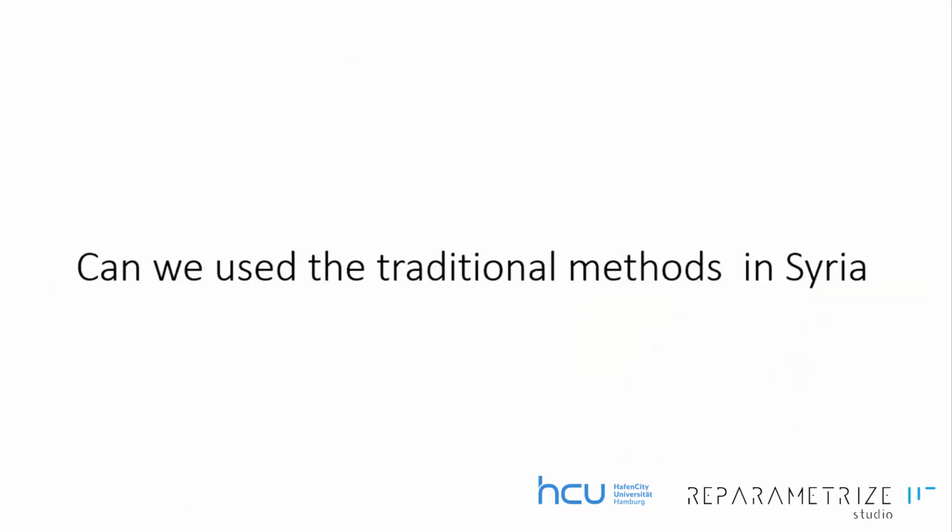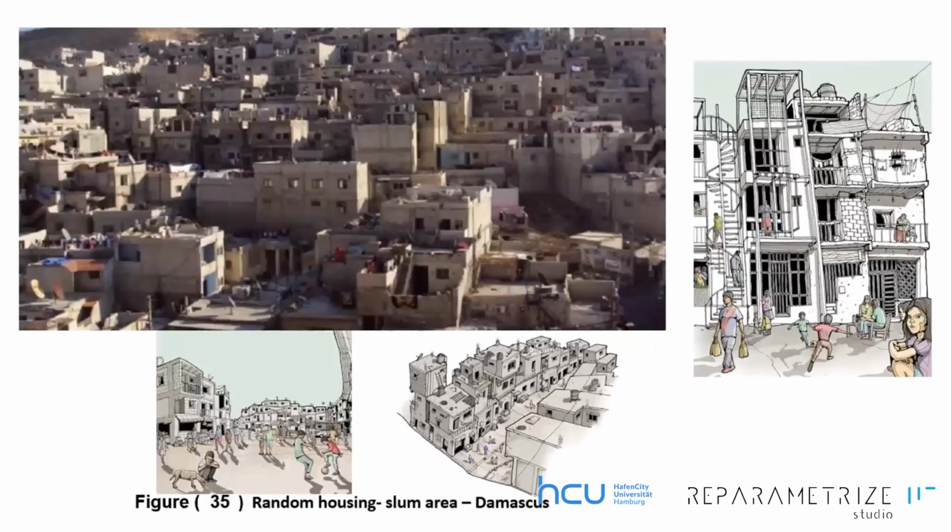Now, can we use the traditional methods in Syria or in any country? Now we have a big problem in Syria. The first problem is random housing and slum areas. We have a lot of areas around Damascus, or districts around Damascus, built in this way. We need to rethink how we can use traditional material.